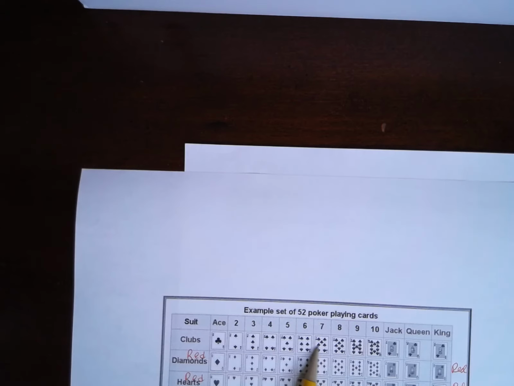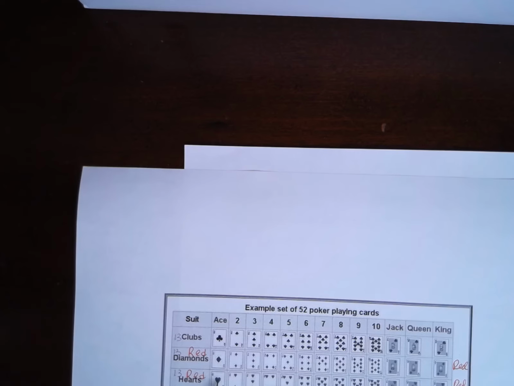So what is the probability of getting a heart? So when you look at the chart, there are 13 of each. There are 13 clubs, there are 13 diamonds, 13 hearts, 13 spades. If you count them, 1, 2, 3, 4, 5, 6, 7, 8, 9, 10, 11, 12, 13.